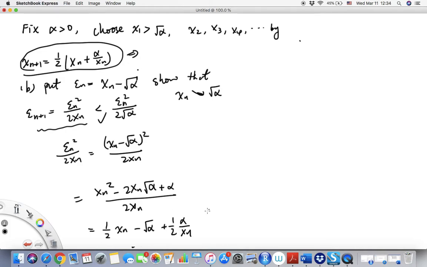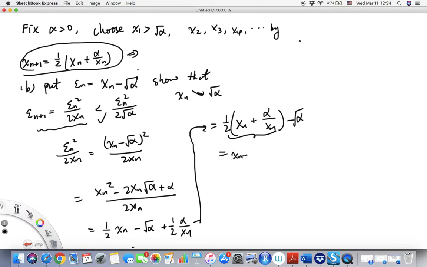Okay, so we can further rearrange this. So this is 1/2 of xn plus alpha over xn, minus square root alpha, right? So why do I put it this way? Because we realize this is equal to xn plus 1 by definition here.